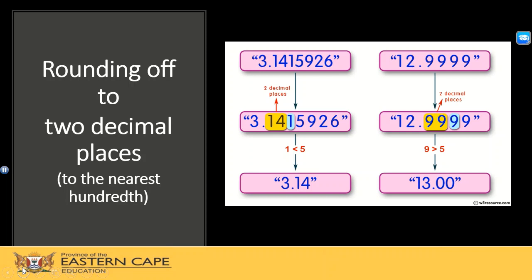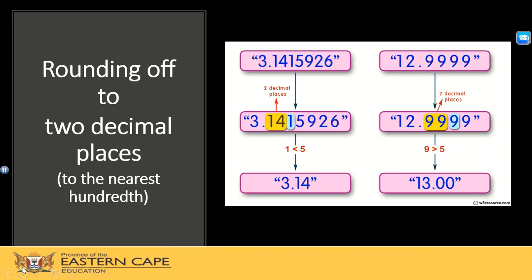Now, if that number is greater than 1 or less than 5, in other words, if it is 1, 2, 3, or 4, you will not round it up. That will mean that the answer remains as you see it at the bottom of your screen in the middle at the moment. So because the blue 1 is between 1 and 5, the final answer to this question will be 3.14.